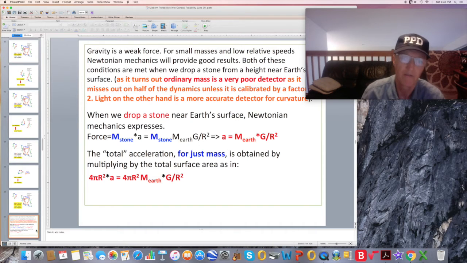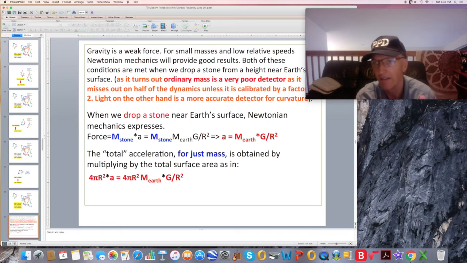From the Newtonian expression, force equals mass times acceleration, and it equals the mass of the stone times the mass of the Earth times the gravitational constant over r squared. That's the Newtonian expression for gravity.